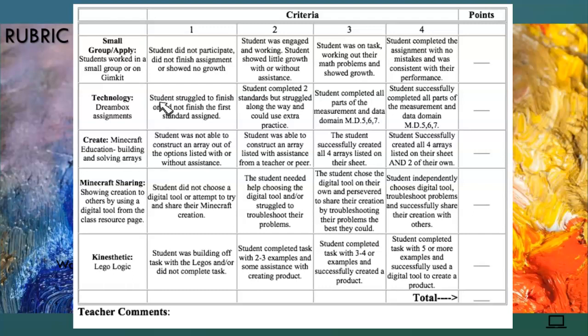Students are graded on their performance in the small group or the apply strategy, technology for completing their Dreambox assignments, create using the Minecraft creation, Minecraft sharing using digital tools from the resource page to create a way to share with others. And then the last one is kinesthetic. That's more hands-on with Legos, but they're also contributing this by putting it on a digital tool to create a product to share with others.